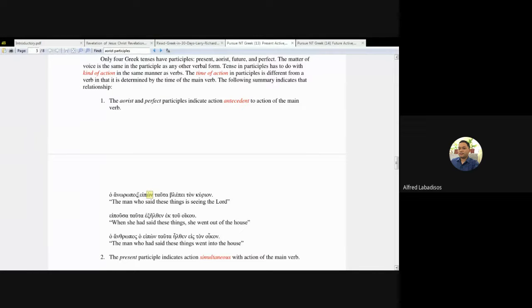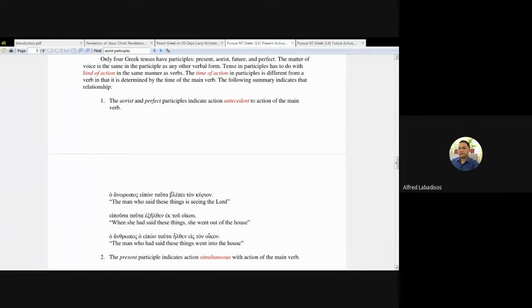However, ipon is in the aorist. This is a second aorist verb, ipon. The participle for aorist of this verb is ipon. Ipon tauta blepe ton korean. Blepe is the verb, the main verb.